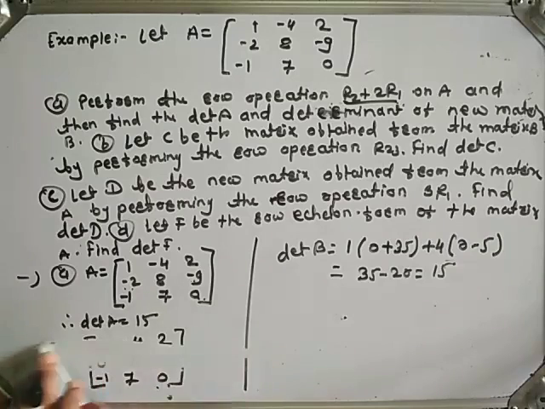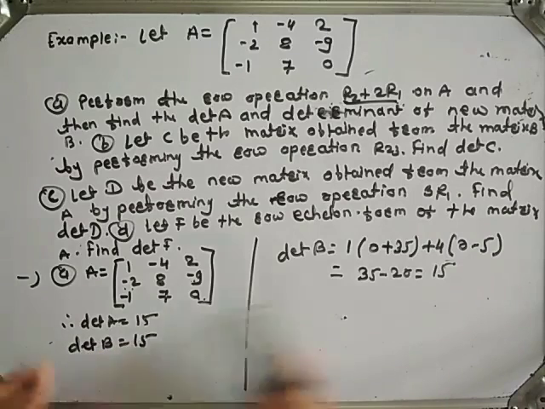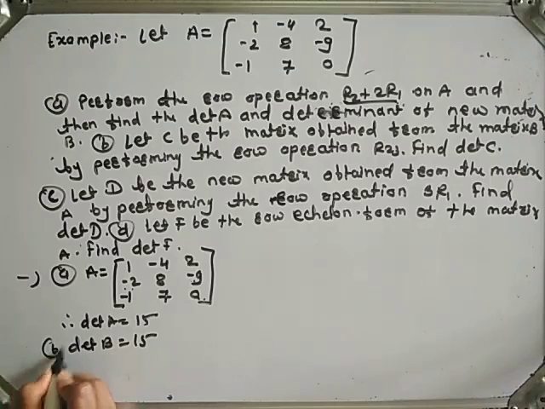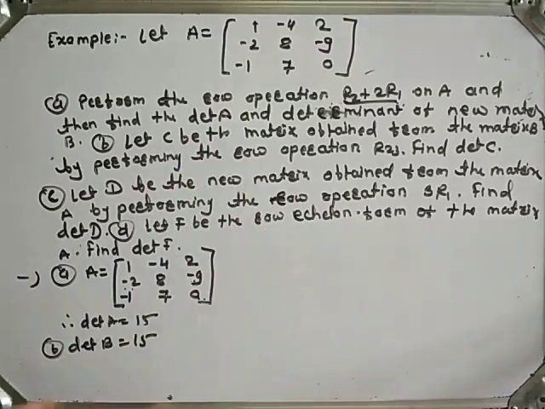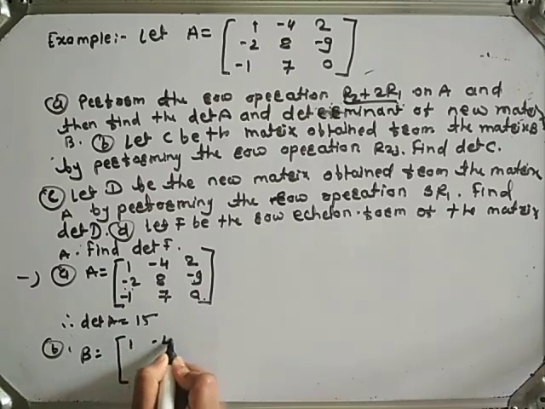Okay, so here determinant of B is equals to 50. Okay, this is the solution of part B. Now, we require the B matrix. What is that B matrix? 1 minus 4 2, 0 0 minus 5, minus 1 7 0.